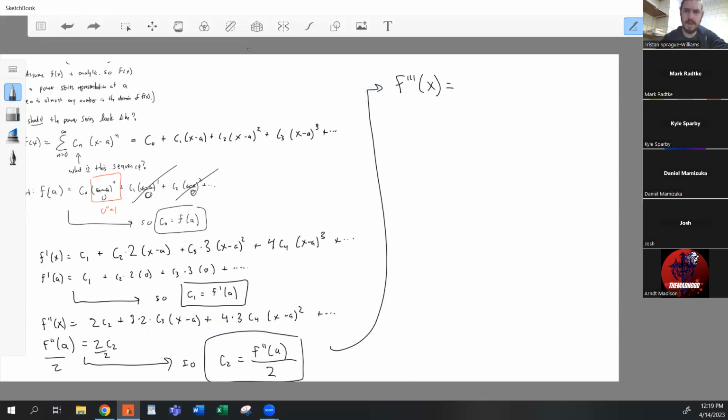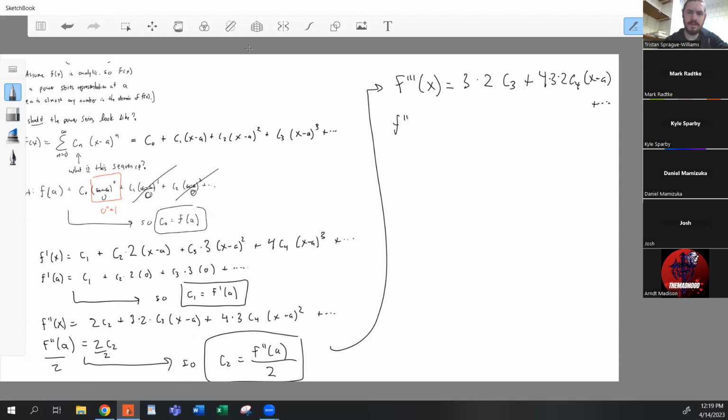It's going to be 3 times 2 c3. And then over here, we'll have 4 times 3 times 2 x minus a, and etc. Oh, I forgot my c4. 4 times 3 times 2 c4, and then x minus a, and then plus dot dot dot.